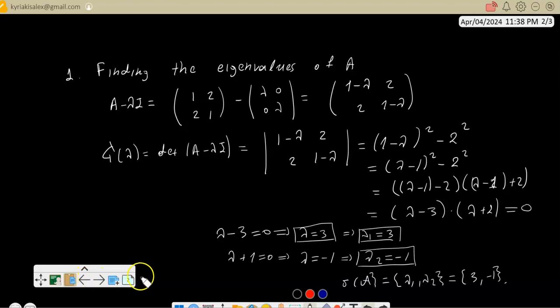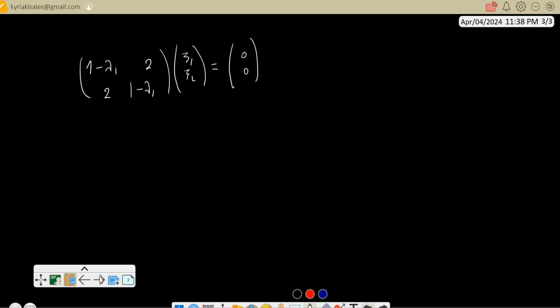The first was 3 and the second minus 1. From here I have 1 minus 3, 2, 2 and 1 minus 3, and this is xi1 and xi2.